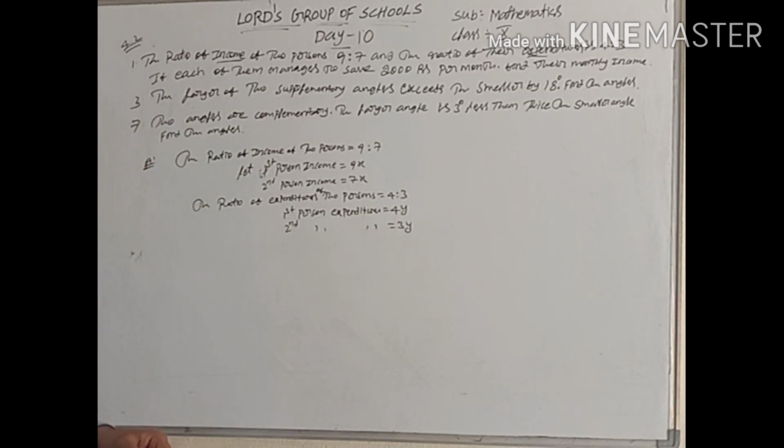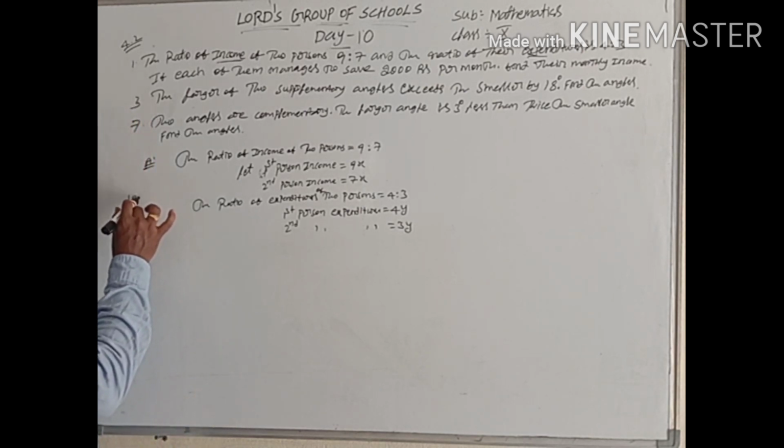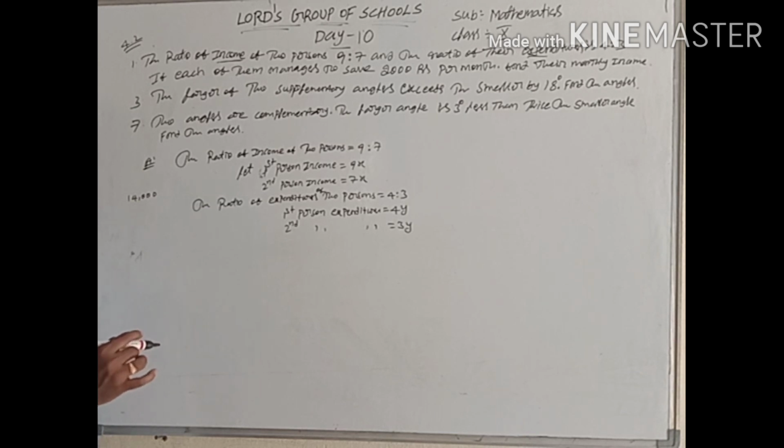For example, take an employee whose salary is 14,000. Rent and everything totals 9,000. This is expenditure. This is income. Salary is income. So how much is left? 5,000 rupees is saved.